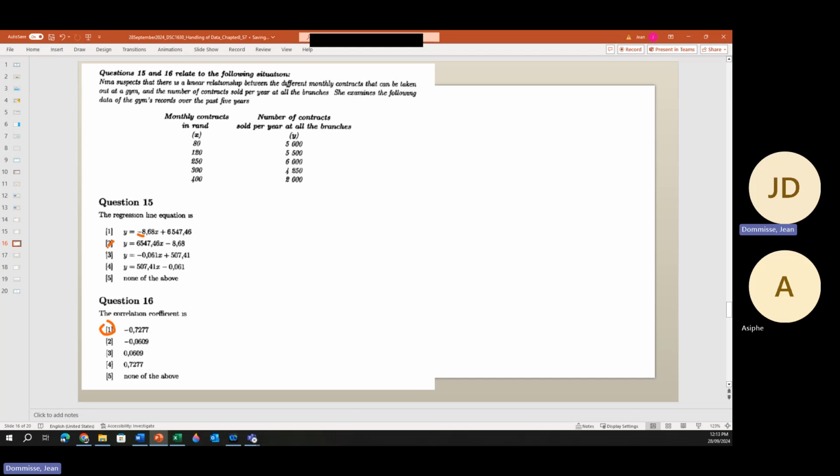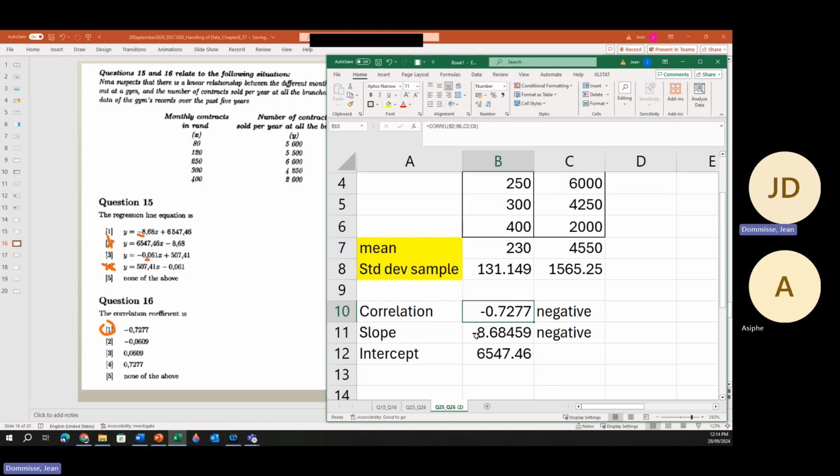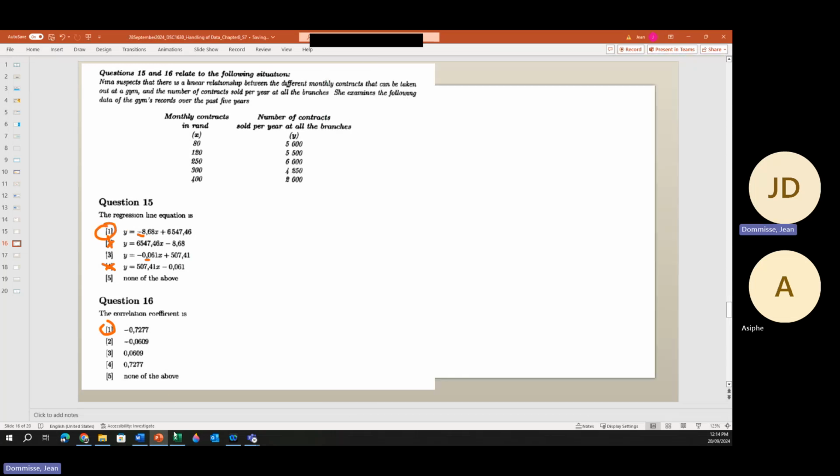That's positive, so it's not option 2. That's negative, so that might be. That's positive, so not option 4. And then if we work it out, we see it's minus 8.68. So that is the correct one.